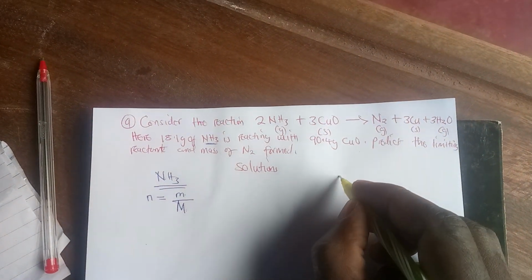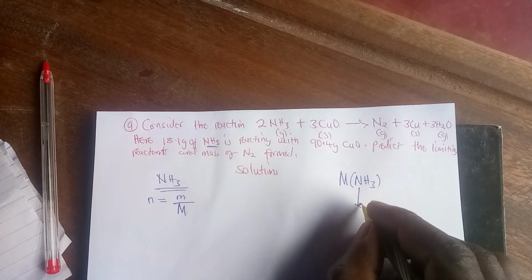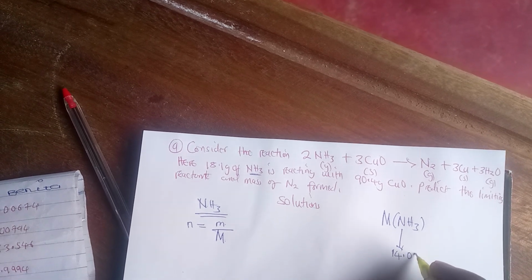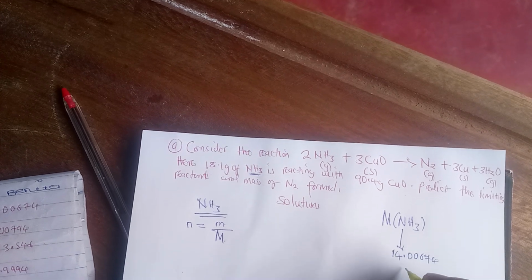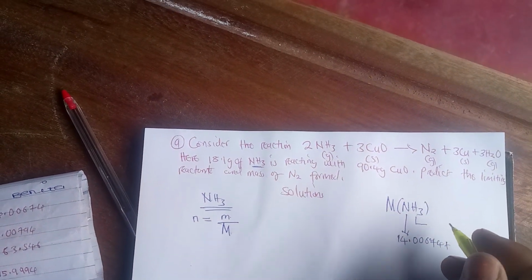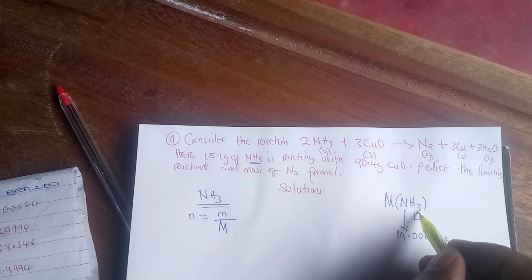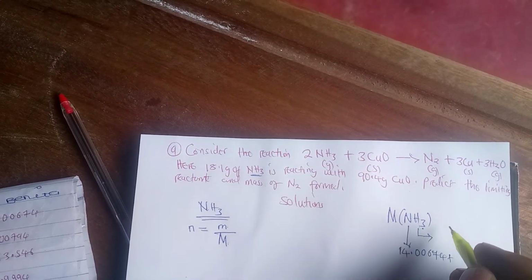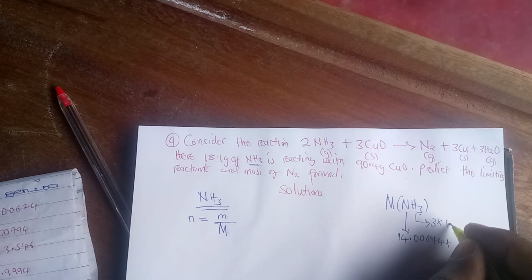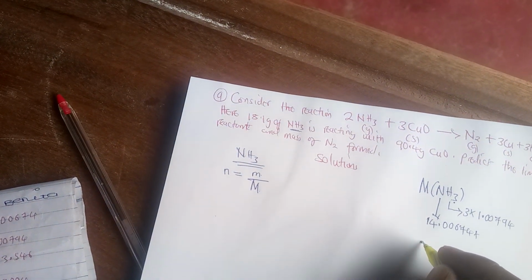So molar mass of NH3: nitrogen, from the periodic table that you gave me, is 14.00674 plus hydrogen, which again from the periodic table is 1.00794, but we have 3 atoms of hydrogen, so we need to multiply that number by 3. So it is 3 times 1.00794.